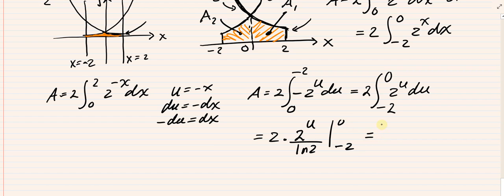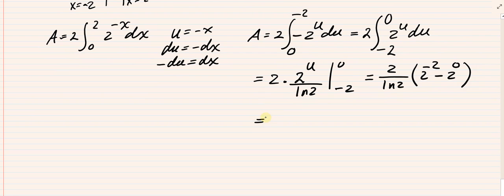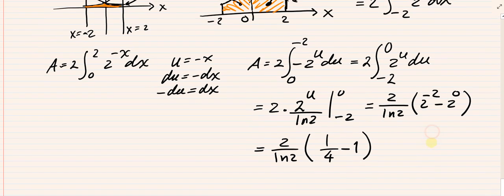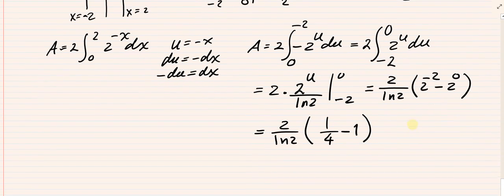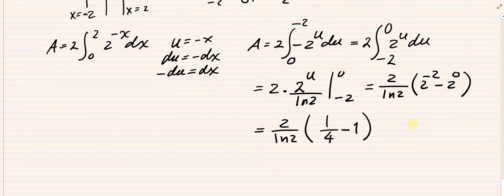So that's going to make it 2 over ln of 2 times 2 to negative 2 minus 2 to 0. 2 to 0, of course, is 1. So this is going to be 2 over ln of 2 times 1/4 minus 1. Let me make sure I did this right, because we cannot get a negative area.